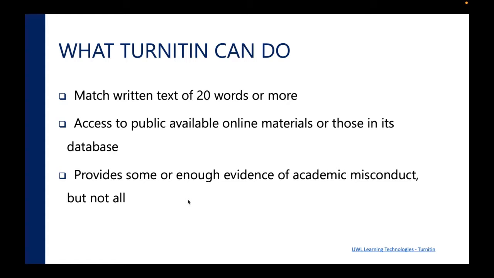And then it can provide the evidence of, again, academic misconduct, but in most cases, not all. And when we say not all, it's usually that if part of the content that the student has submitted is from a source that Turnitin does not have access to, something physical, for example, like a physical book that's not available online, then it won't be able to source that.